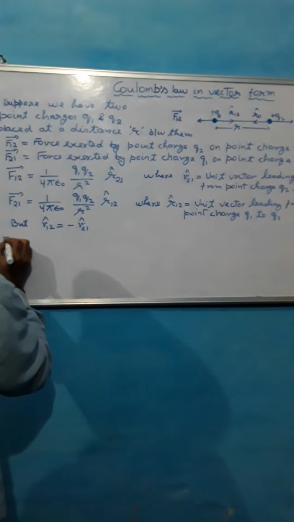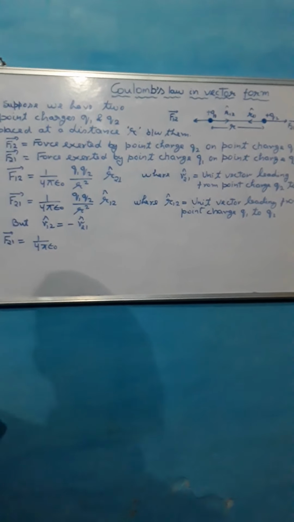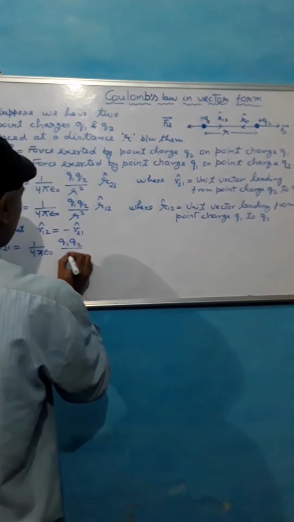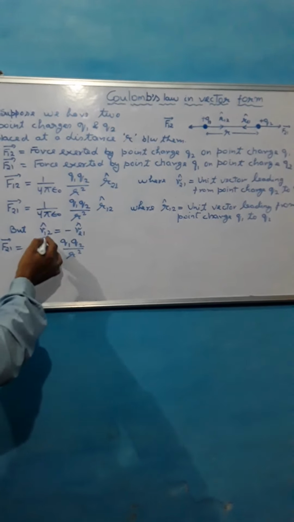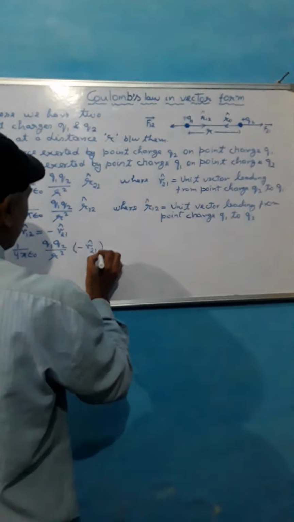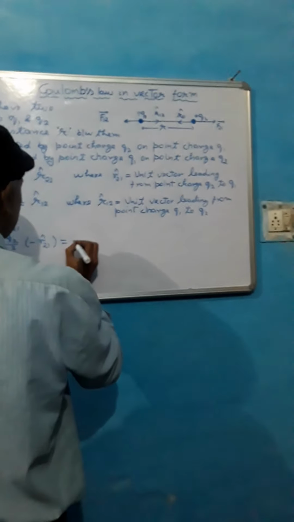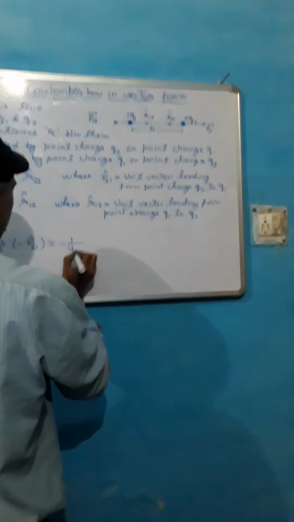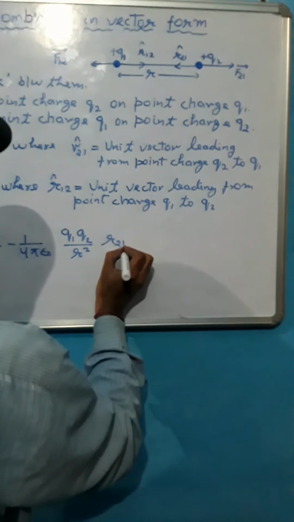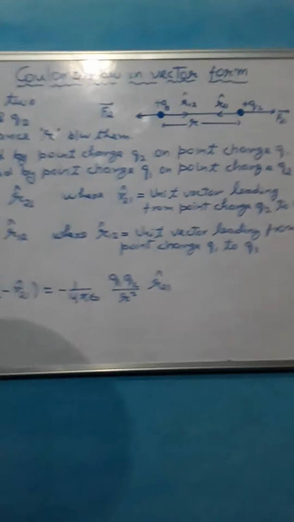F21 vector comes out to be 1 upon 4 pi epsilon naught Q1 Q2 upon R square, and in place of R12 cap I write minus R21 cap. It is equal to, once again, 1 upon 4 pi epsilon naught Q1 Q2 upon R square, R21 cap, but here with the negative sign.